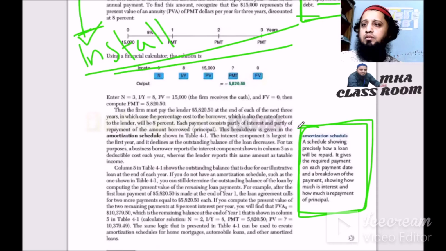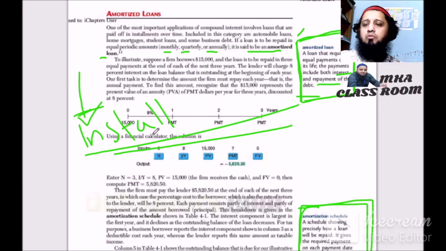So for the amortization loan, at first we have to determine installment, or in our finance term it is called payment, PMT. You have to determine PMT. So here is an example to illustrate.